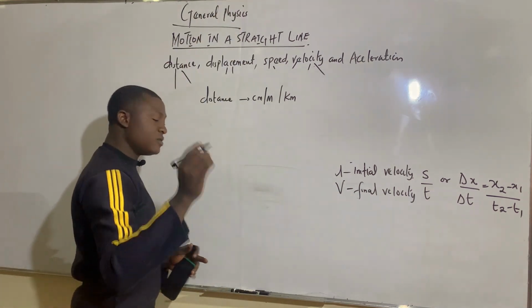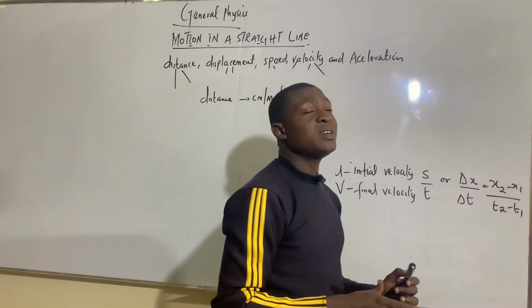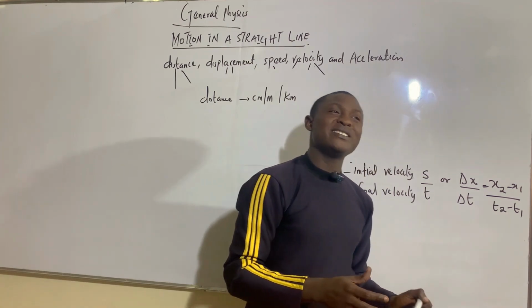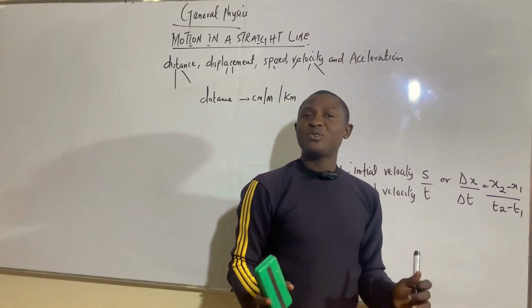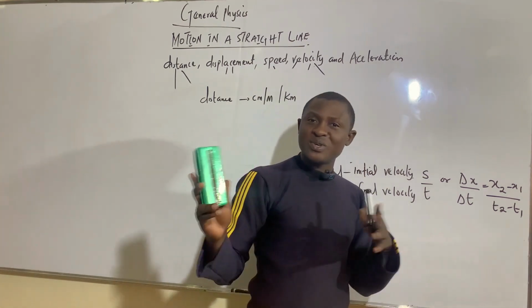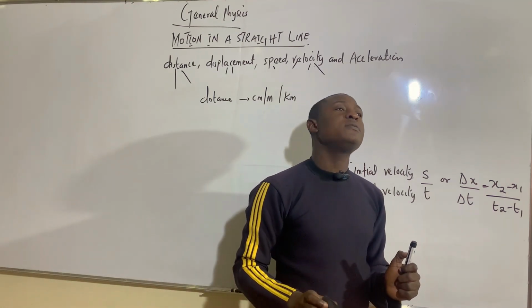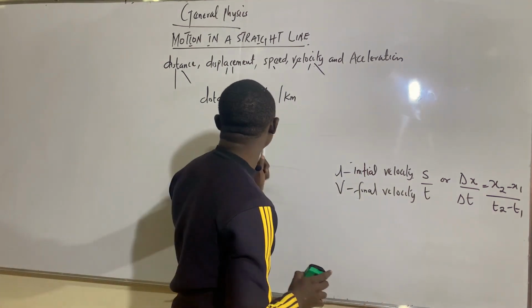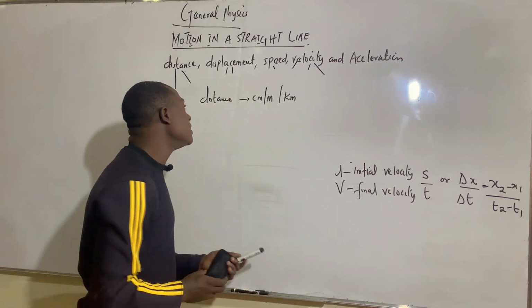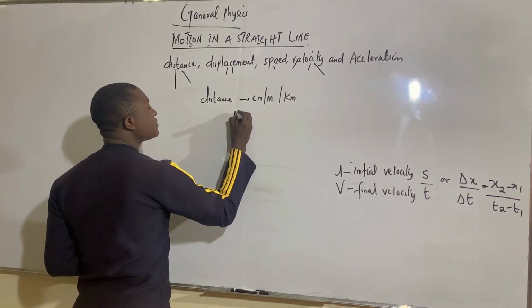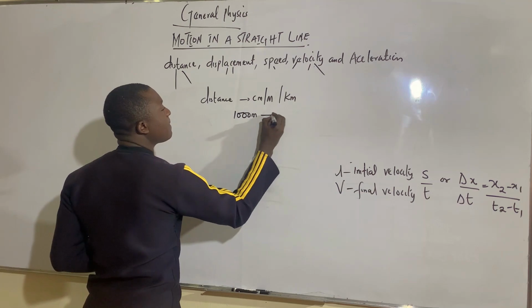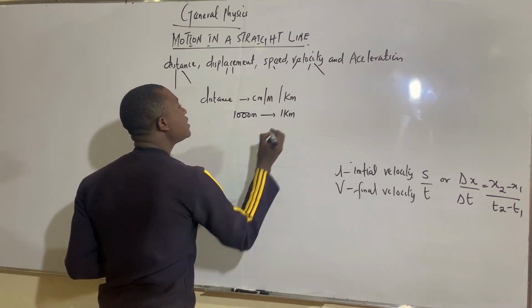If you recall, when you were in primary school, they taught you how to measure time, right? 60 seconds make 1 minute, 60 minutes make 1 hour. We also have that kind of conversion for distance as well. So we have 1,000 meters make 1 kilometer.